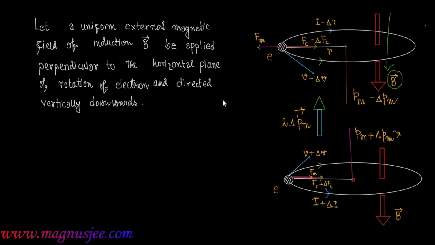This magnetic field vector B acts vertically downwards and perpendicular to the horizontal circular orbit of rotation of the electron.